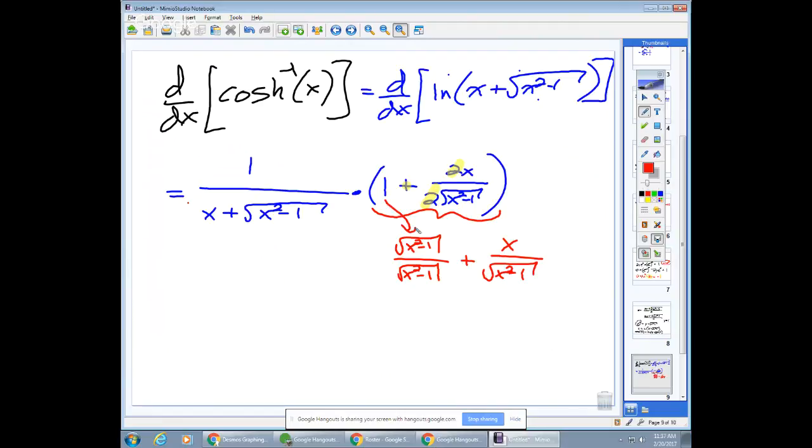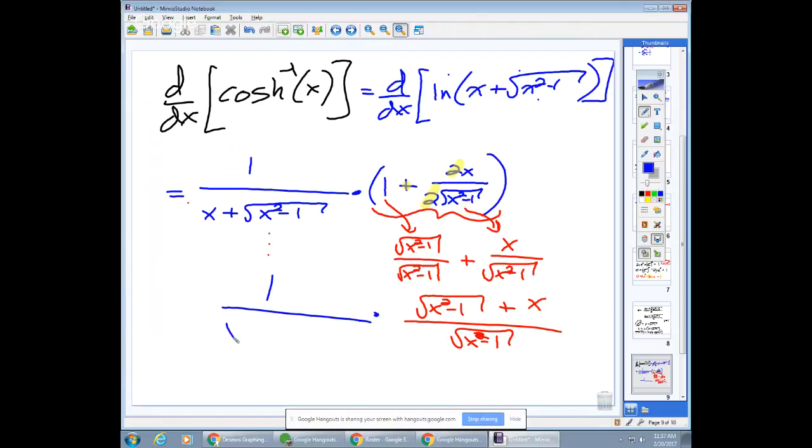So here's my 1, here's my other piece. Now I get a common denominator, so my numerator is the square root of x squared minus 1 plus x, all over the square root of x squared minus 1. That is still being multiplied by our 1 over x plus the square root of x squared minus 1.